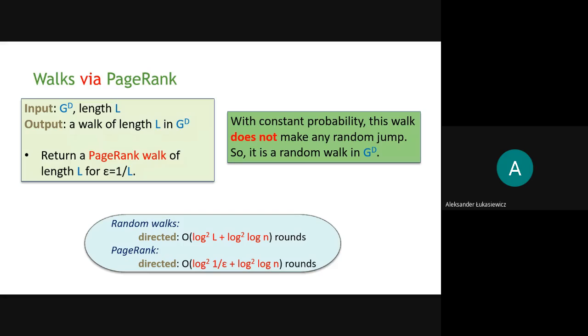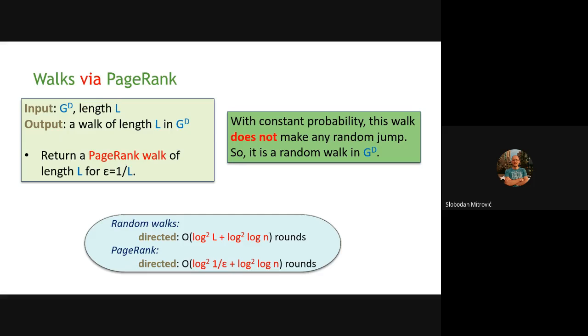Okay, so you will generate multiple page rank walks? Yes. All of them in parallel, polylog n from each vertex. Okay, thanks for the question.